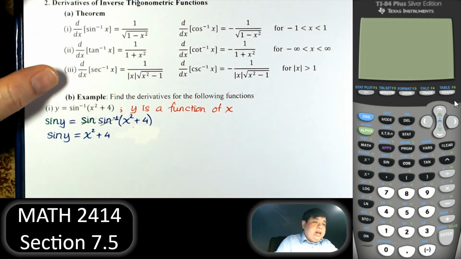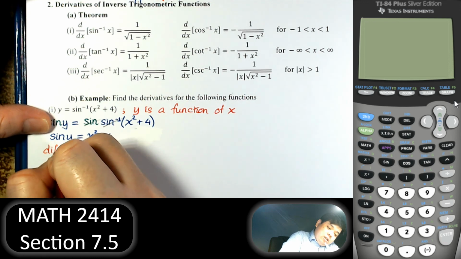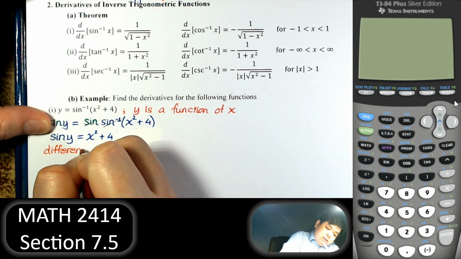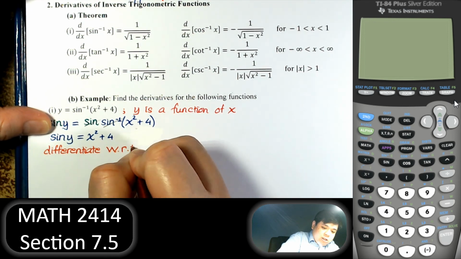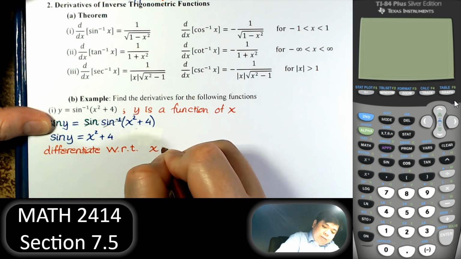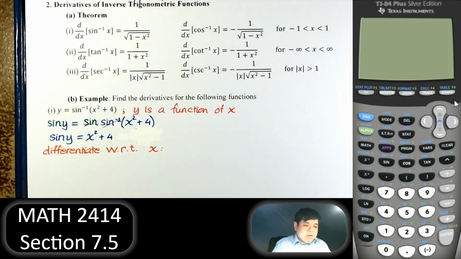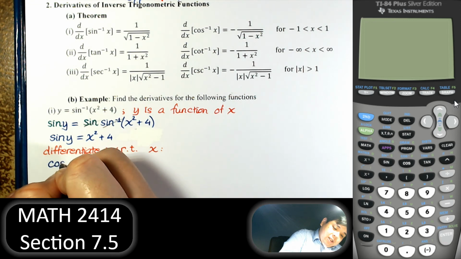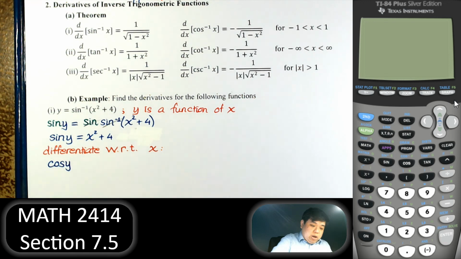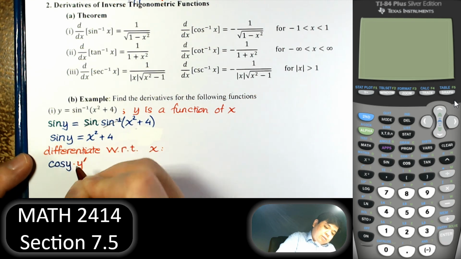So here we take the derivative of both sides with respect to x, or we say differentiate with respect to x. So the derivative of sine is cosine. But since y is a function of x, the chain rule applies. We're going to have y prime.